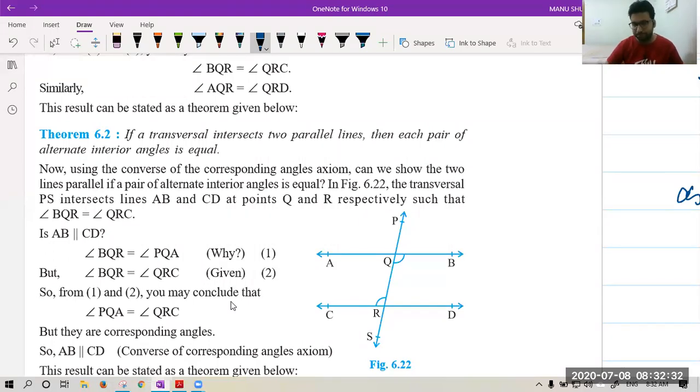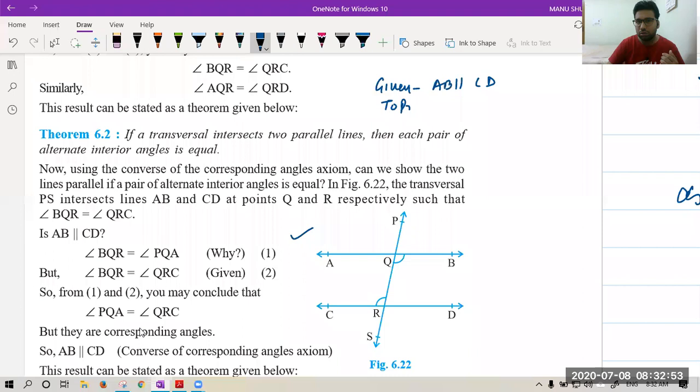Let's prove it. Theorem number 2. Time is 1 minute left. Okay, let's do one thing. Suppose this is the figure you will draw in the proof part, and you will say given AB is parallel to CD.